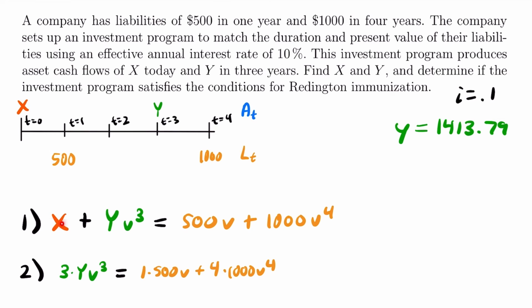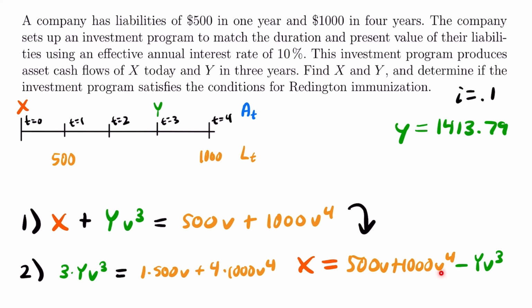In order to solve for x in this equation, we need to subtract y times v cubed from both sides of the equation. And so if we do that, you will find that x is equal to 500v plus 1,000v to the power of 4 minus y times v cubed.